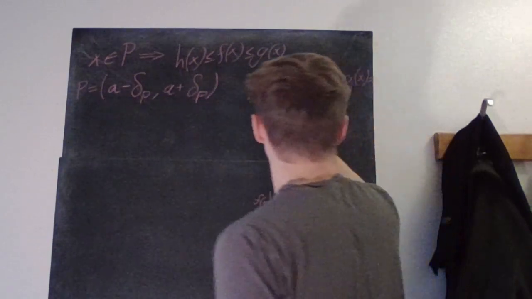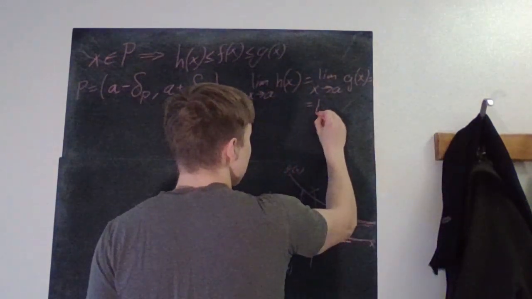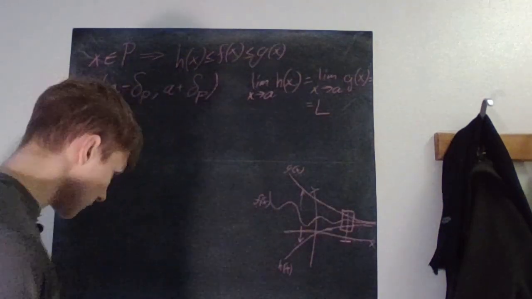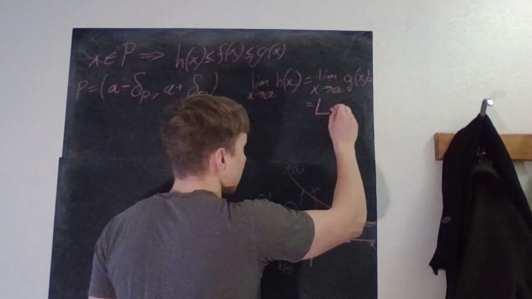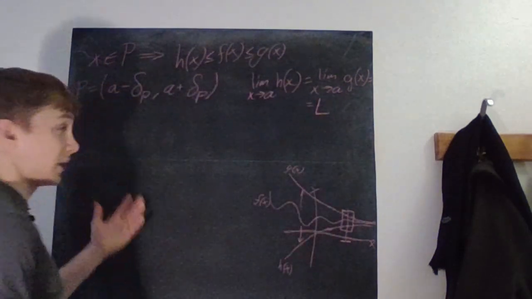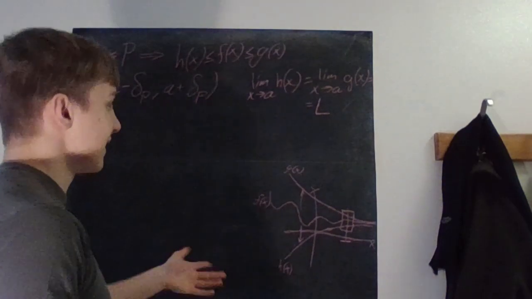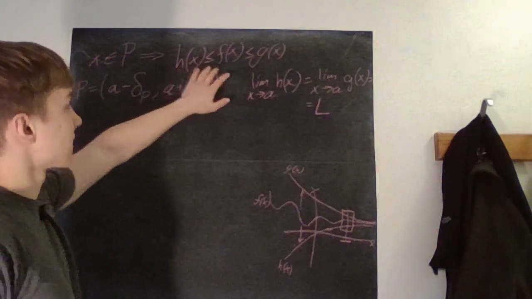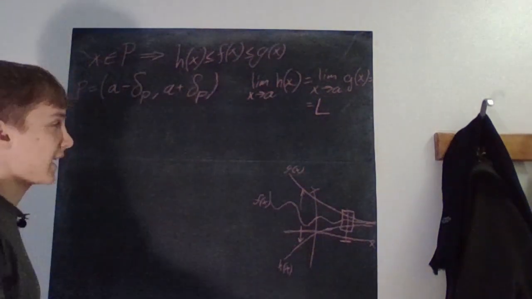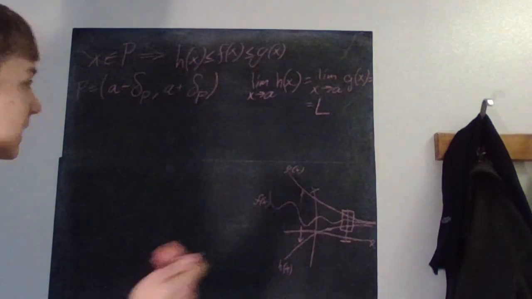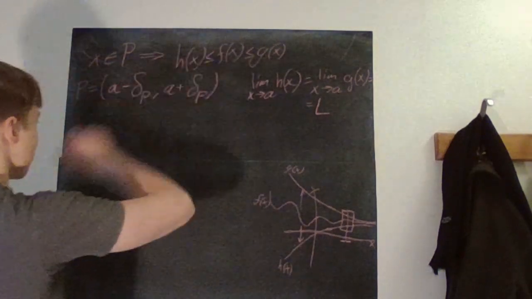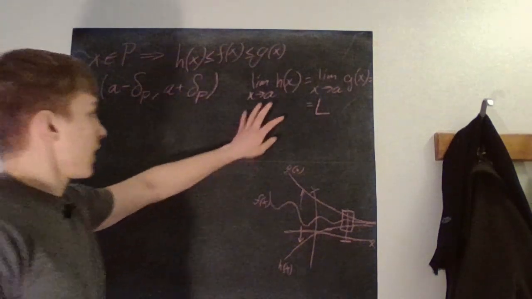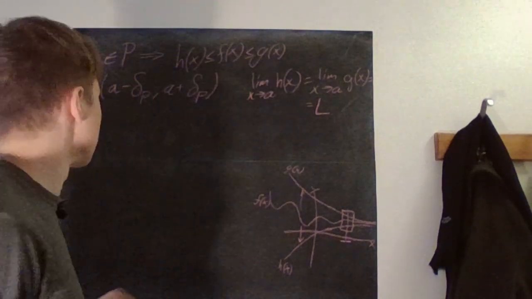And let's call this finite number L. So it is kind of in the description that if both h and g of x tend to a number, the limit exists and tends to a number that we call L, then we know that this holds.